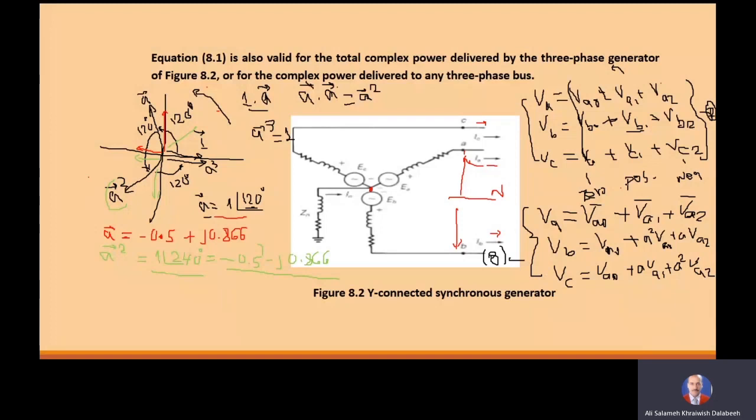There is no difference. These equations are the same as these equations. But in 8, the form using the operator A is used.